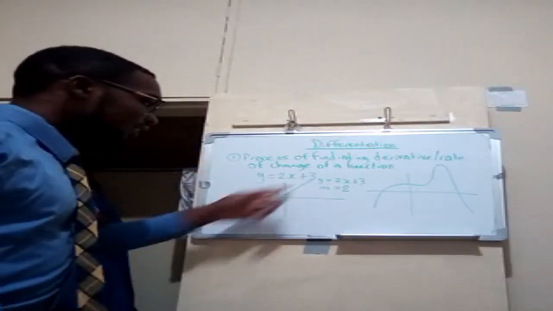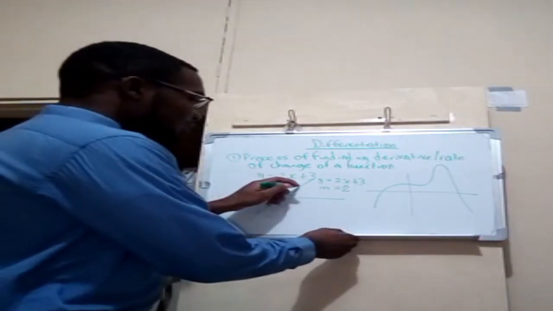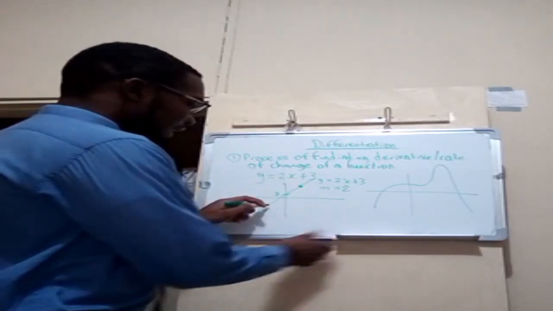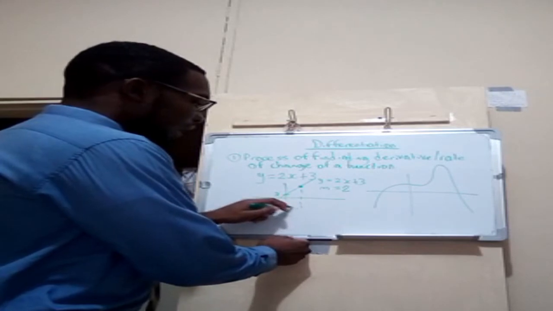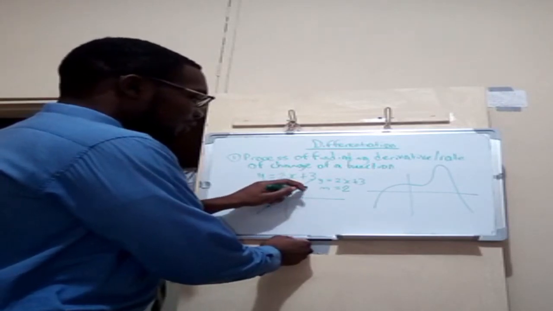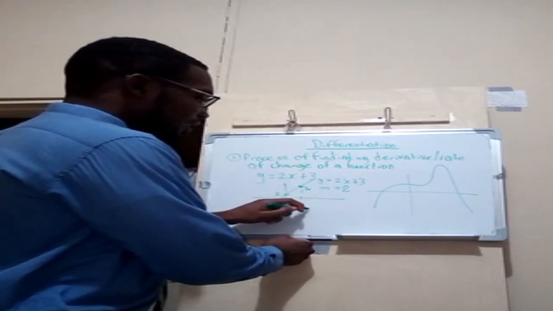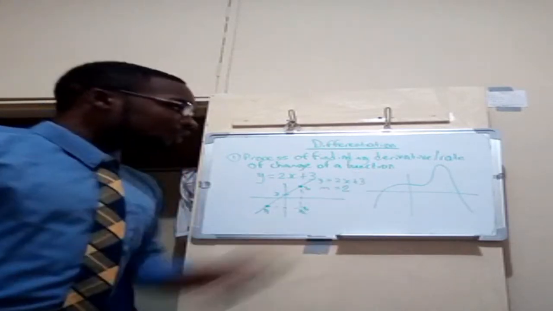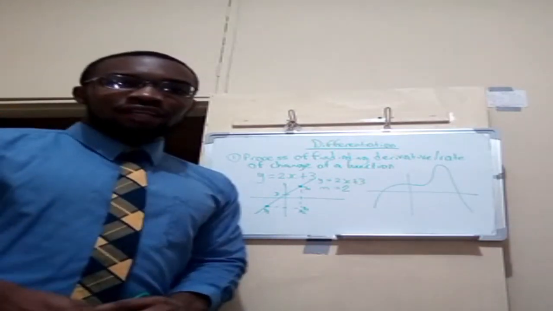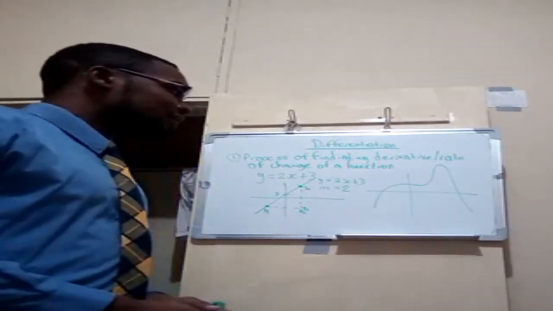To find the gradient of a line, we would take 2 points on the line, and then it's y2 minus y1 over x2 minus x1, and that gives you the gradient. Now, how are we going to do that with the curve? We cannot do that with the curve.